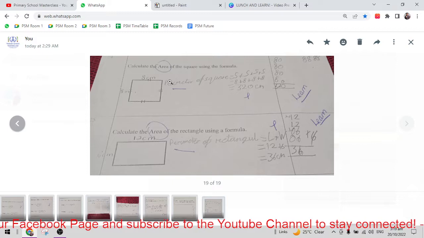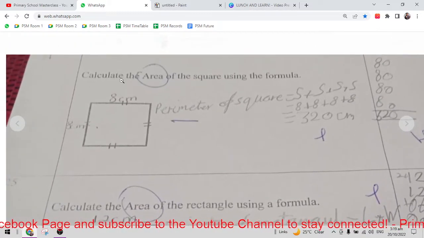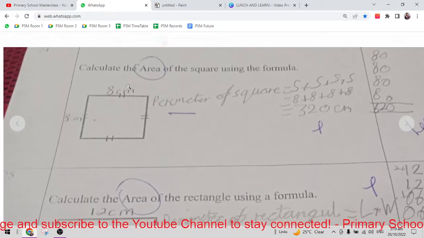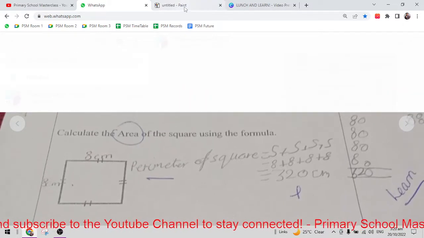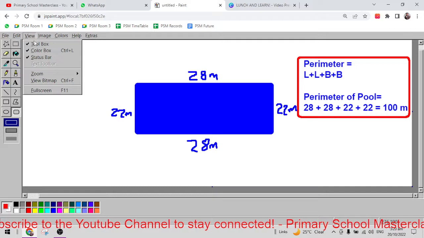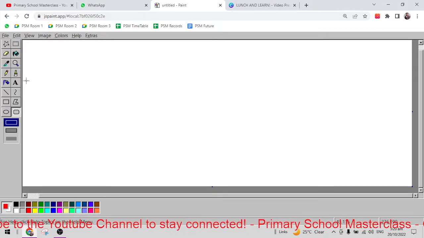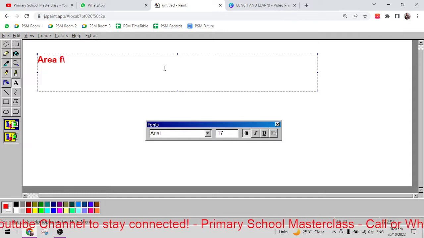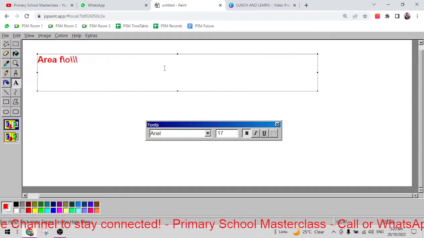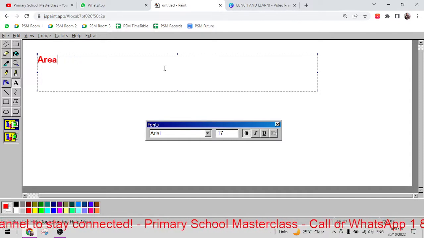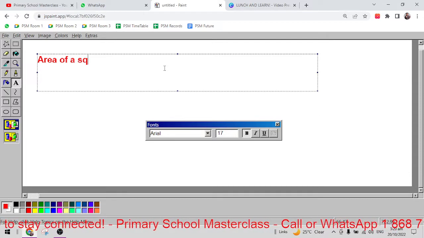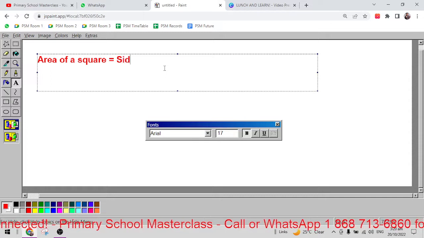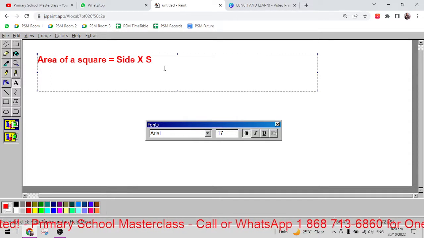Next question. We have here, calculate the area of the square using the formula. Okay, so they're asking for the area and not the perimeter. Okay, so the area of a square is side multiplied by side.